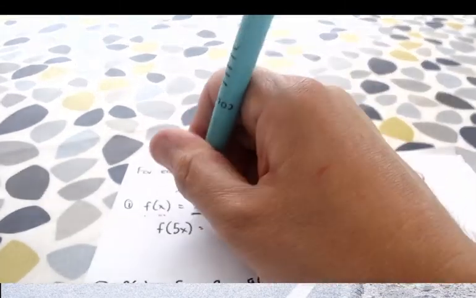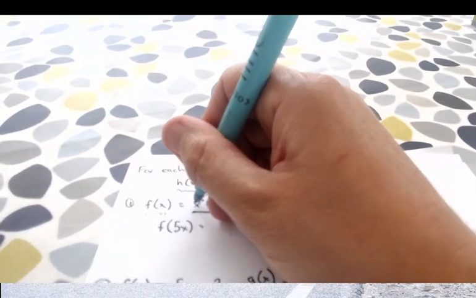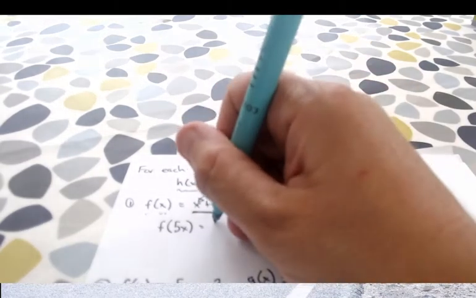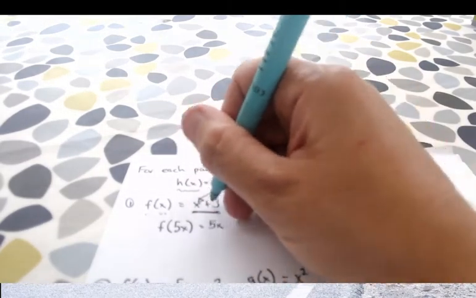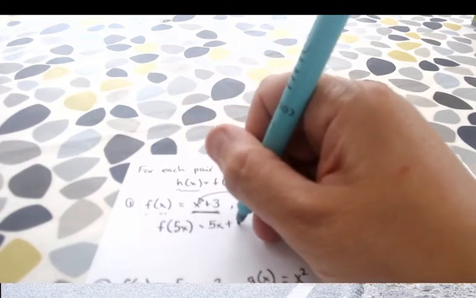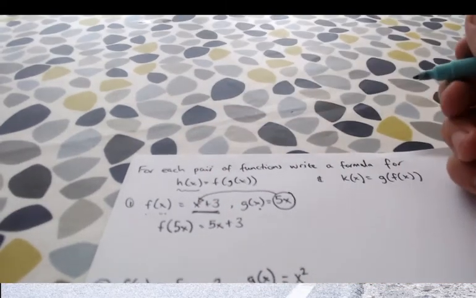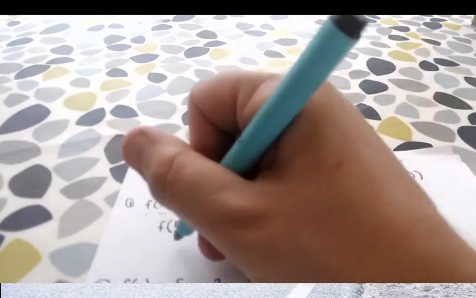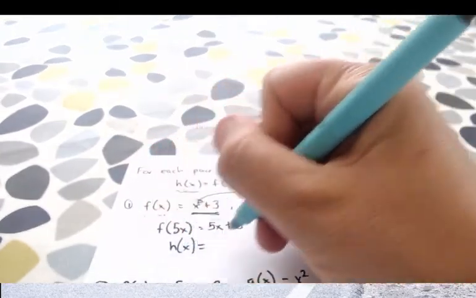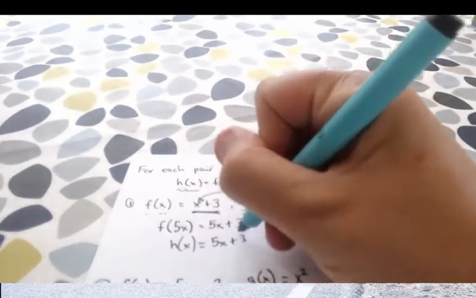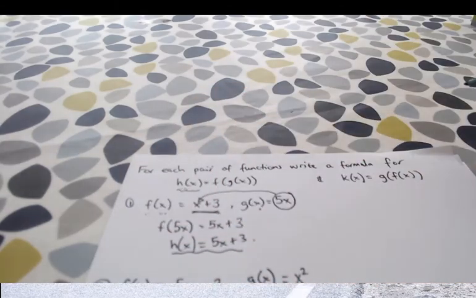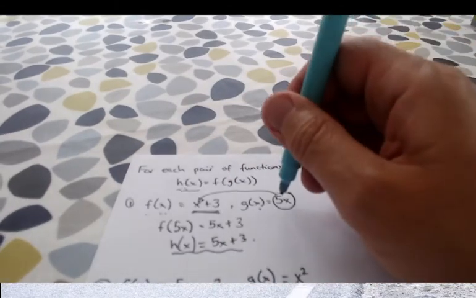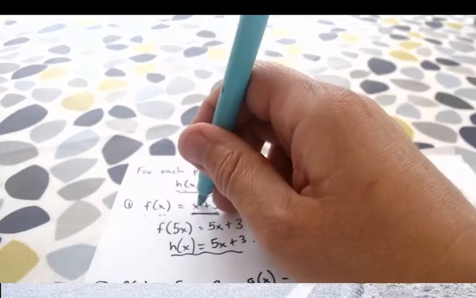I'm not writing x, I'm not allowed to write it, I'm going to write that thing there. So I'm going to get 5x plus 3. Now, in terms of the notation here, this is called h of x. It's 5x add 3. So I'm putting this thing inside this thing.